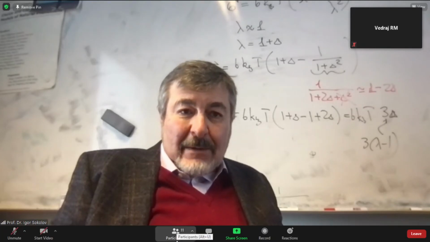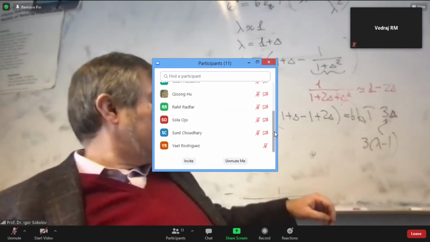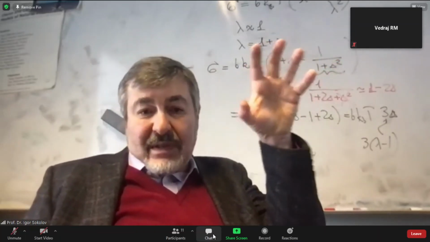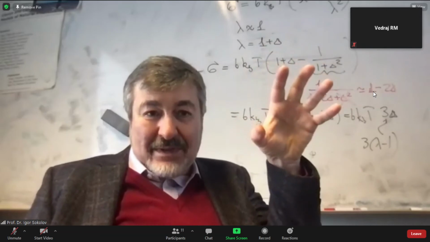It's the main component there which is responsible for energy dissipation, for transforming elastic energy in rubber into heat. And it is quite a complicated stuff by itself because it is fractal. It has a structure in which almost all atoms are sitting on the surface.